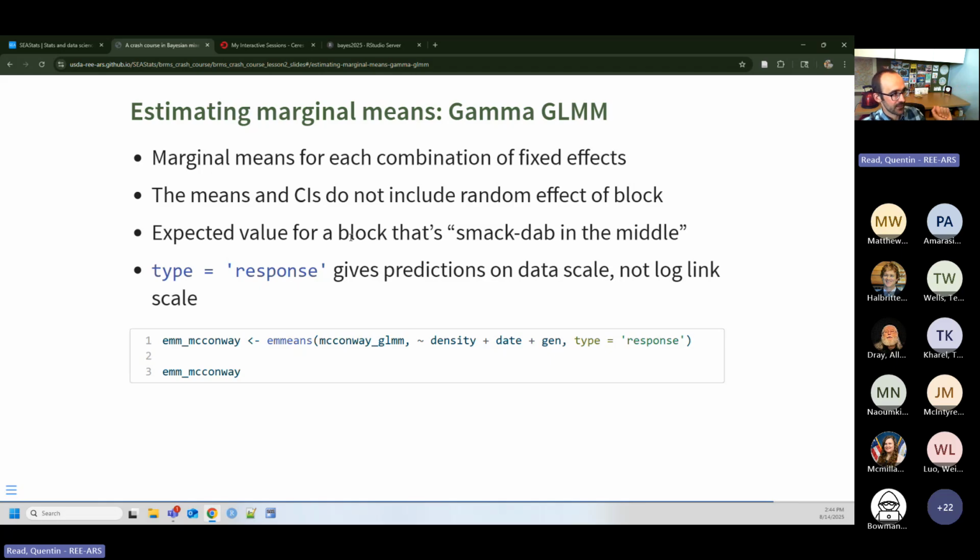So we're not including the random effect in our predictions, only the fixed effects. It's the expected value for just a random block, not necessarily for a specific block that we did our study in, because we're just trying to account for the effect of block so that we can look at our average treatment differences.